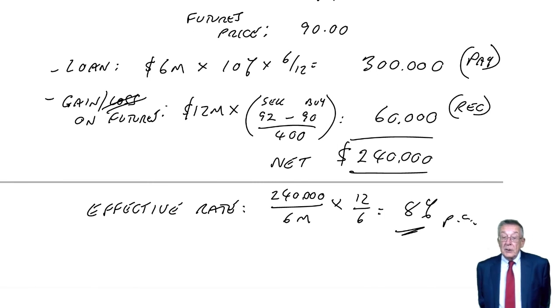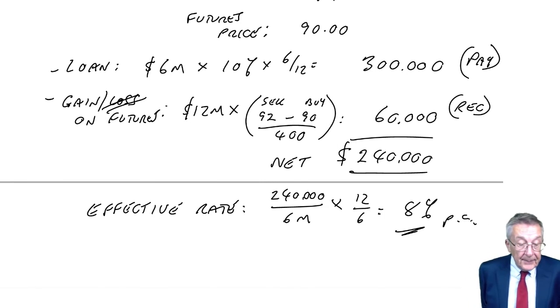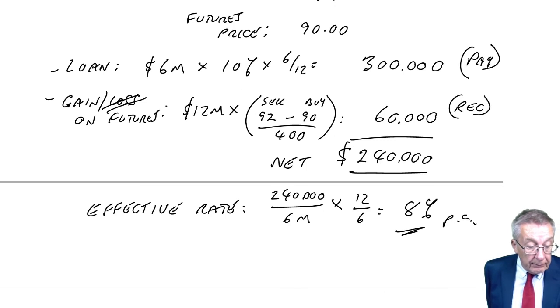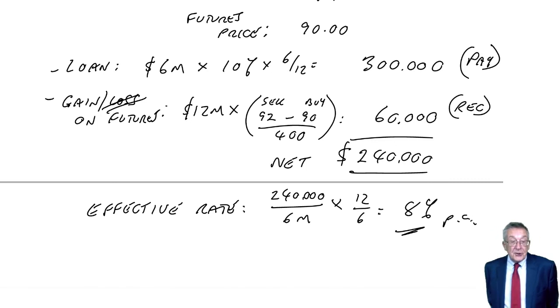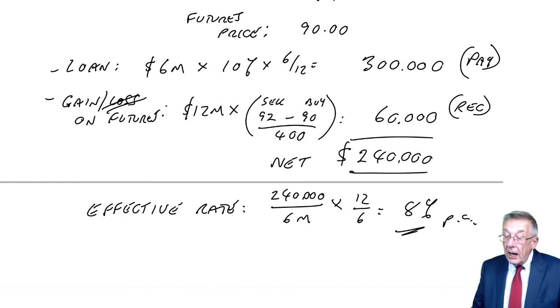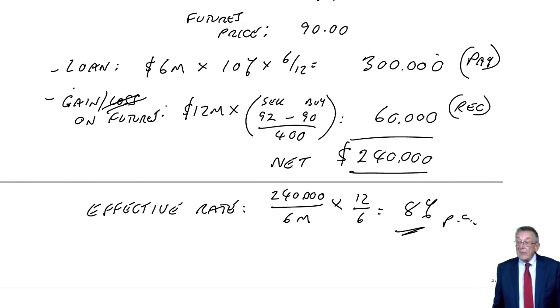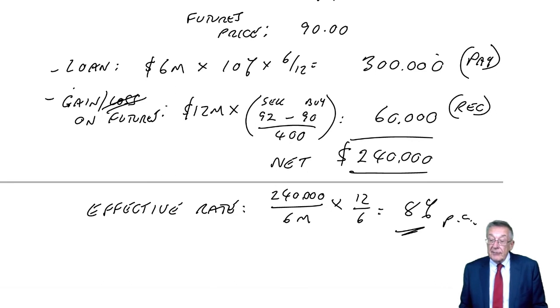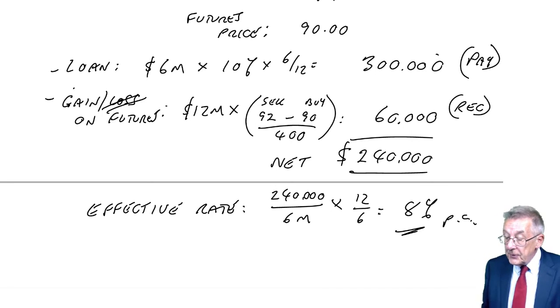We weren't taking the loan today, we were waiting several months, October to January, whatever it is. And when we actually came to take the loan, we had to pay 2% more. We were paying 10%. We paid 300,000, we've lost out on the loan. But we've got the compensating gain on the futures, 60,000.